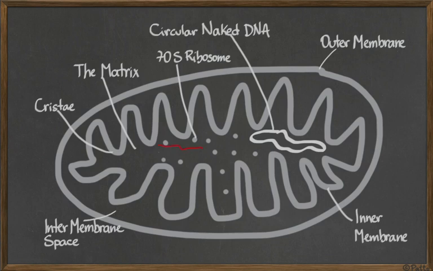It has proteins in the matrix that are produced by the 70S ribosome with information from the circular naked DNA, and therefore it's capable of producing all those chemical reactions, proteins and enzymes. So the fact that it contains its own 70S ribosome and circular naked DNA explains why we have many chemical reactions happening in there.